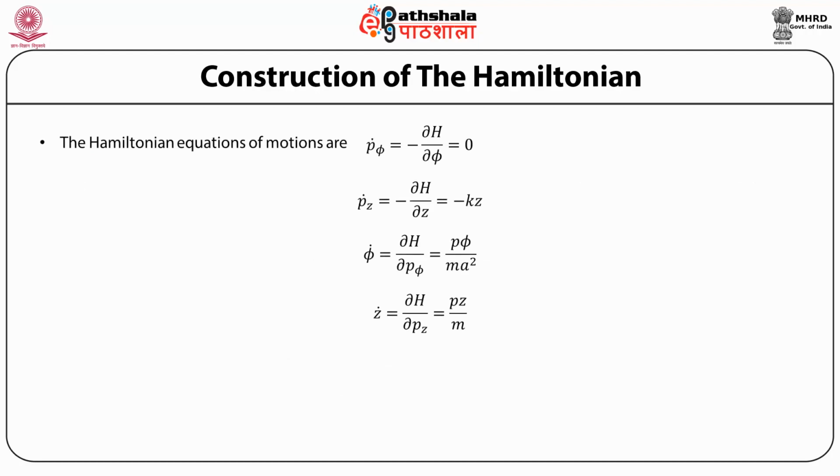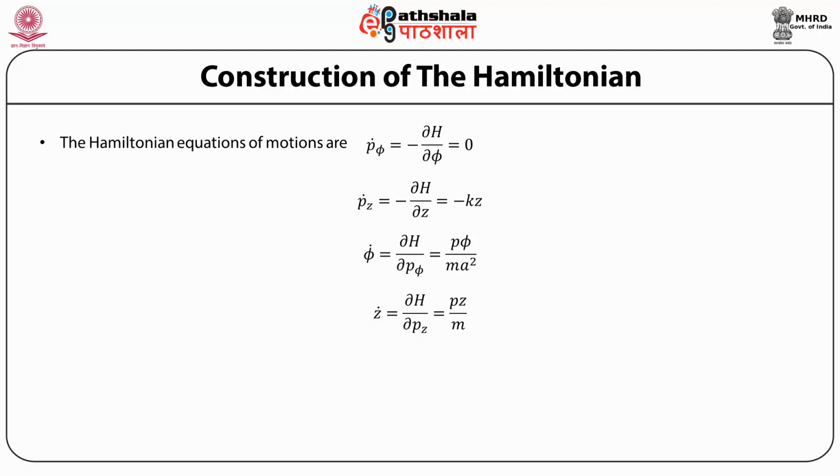The Hamiltonian equations of motion are easy to write down. We have p phi dot equal to minus the partial derivative of H with respect to phi, and since there is no dependence of the Hamiltonian on phi, p phi dot is equal to 0.